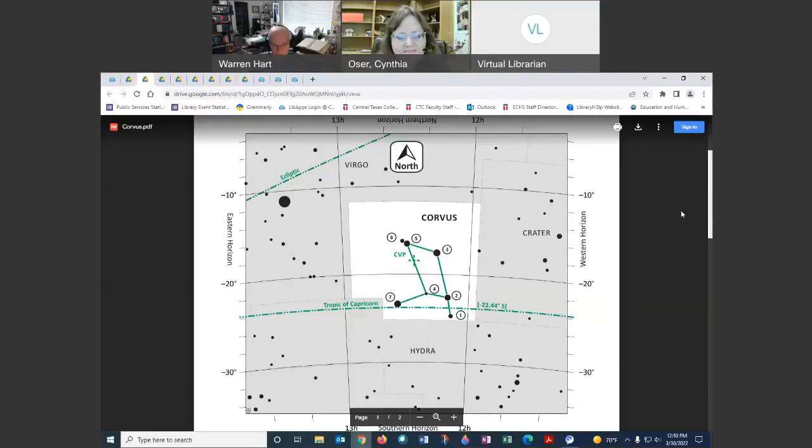The Tropic of Capricorn, when the sun is directly overhead for the Tropic of Capricorn, is for our winter solstice. And so that's December the 21st. And that's when the sun is down there. And solstice is a word in Latin.